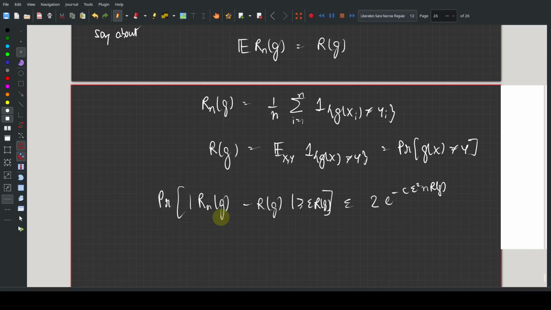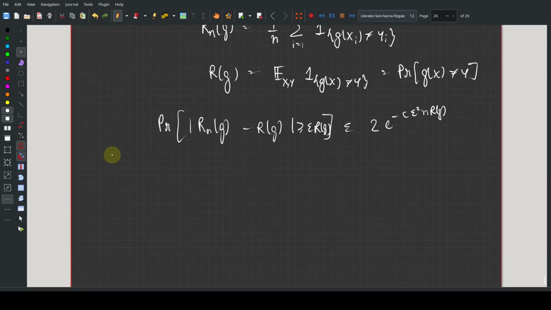But what we really want is, let us say, how far is Rn of Gn when compared to, let's say, R of G star.